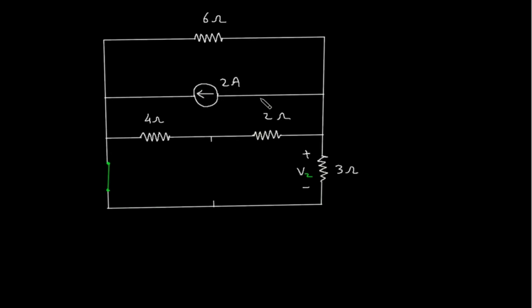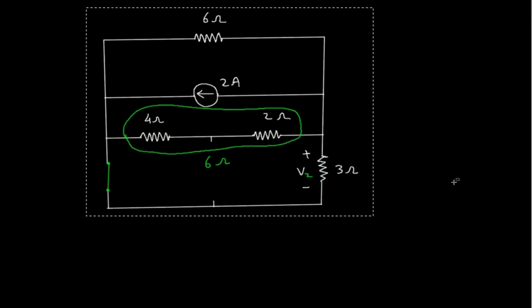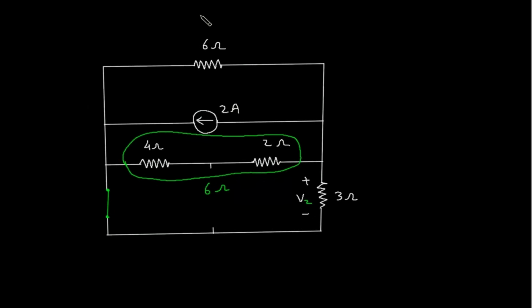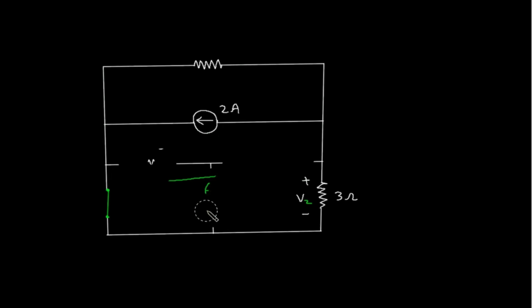So now similarly this is 4 plus 2, this will be 6 ohm, 6 ohm parallel with 6 ohm, so this will be 3 ohm.